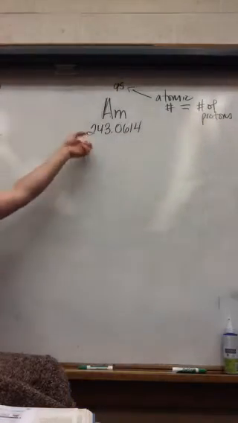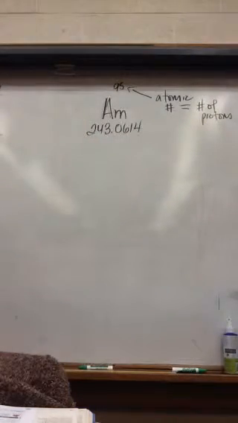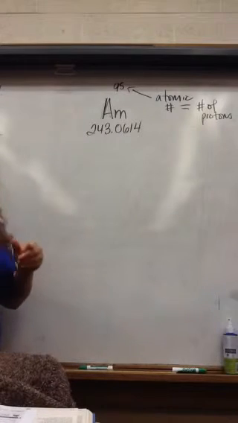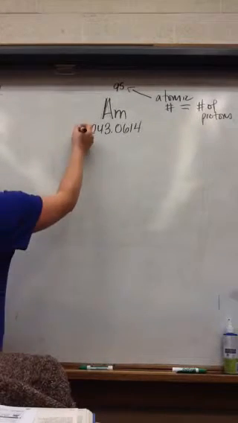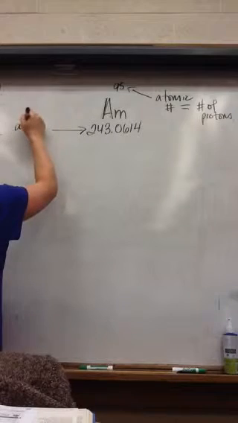What's this other number? The average. Oh, okay, you threw in a word there. We're gonna keep it simple for right now. That's good. You know that. This is the atomic mass.